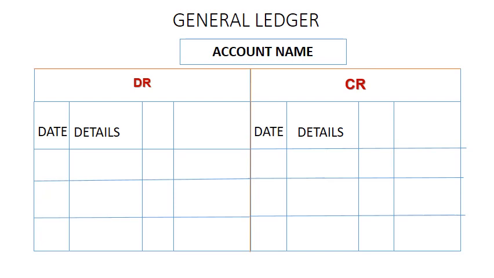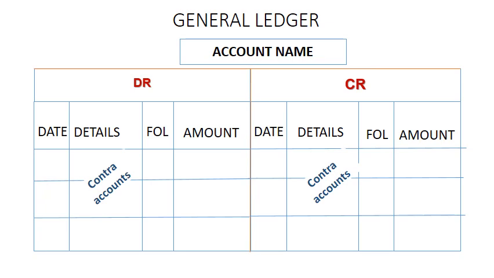Under the details, we'll be writing the contra accounts. After the details will be the folio column. The folio column reflects where the entries being posted are recorded. Then the amount column.